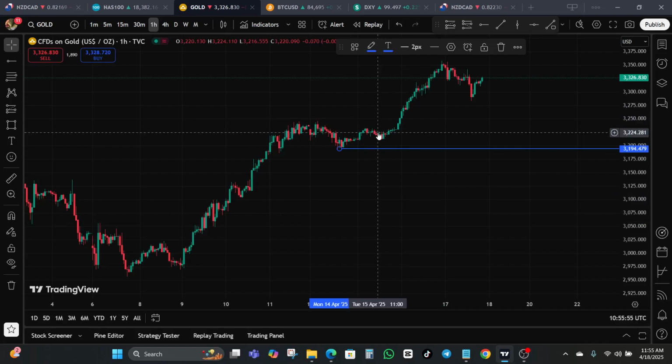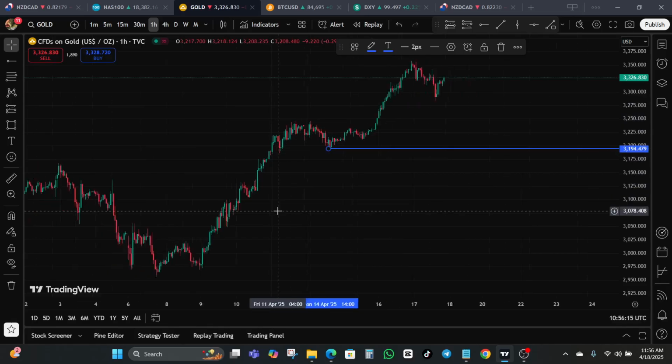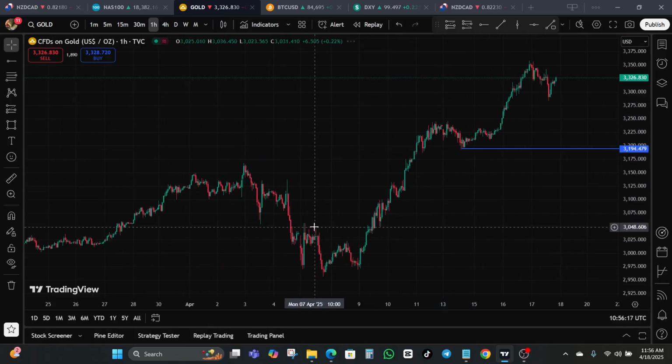Let the market pull back, form your pattern, and enter on the break or close of that setup candle. Your stop loss should be tight, just beyond the retracement's low or high, depending on the direction. If it's a bullish direction, it's going to be below the retracement's low. If it's a bearish direction, it's going to be above the retracement high.